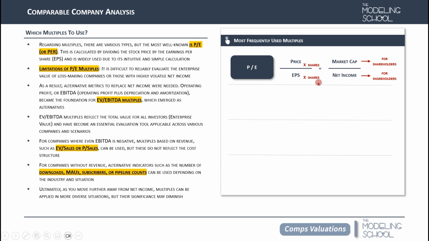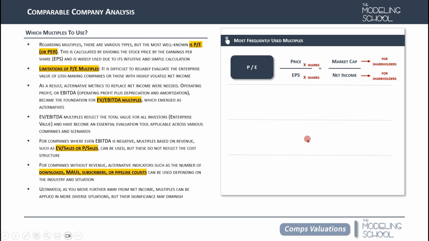And there's just one more problem with net income: it does fluctuate a lot. In other words, it's very volatile. Because net income is at the end of the income statement, there are so many various income and expense items in between.